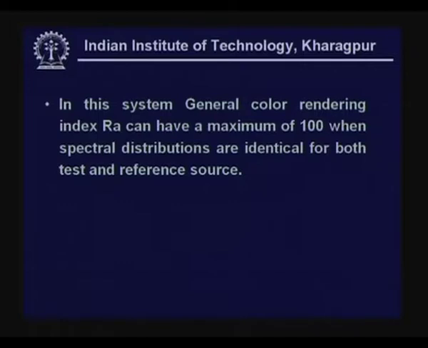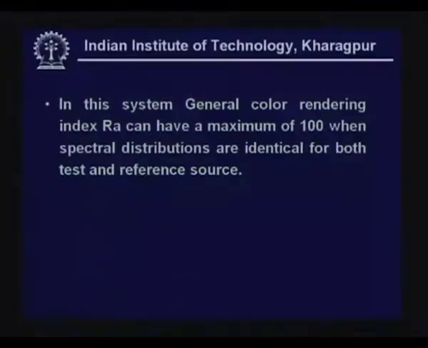In this system, in fact, if you buy a lamp, you find the color rendering specified in terms of a certain 70, 80. It is believed that Ra, the color rendering index, or CRI, can have a maximum of 100. When does that happen?